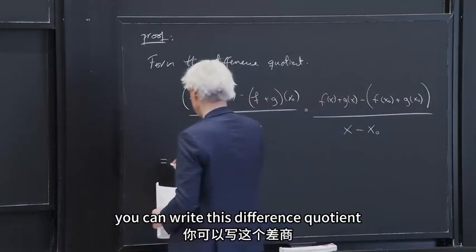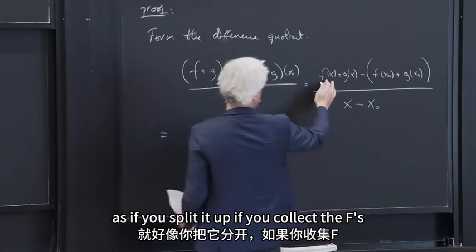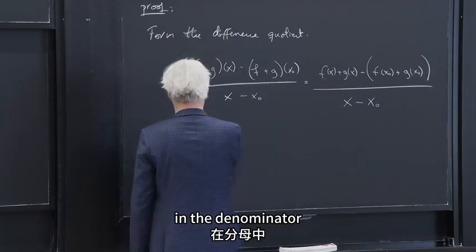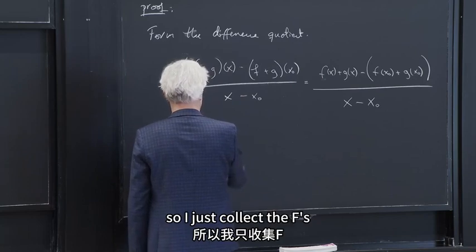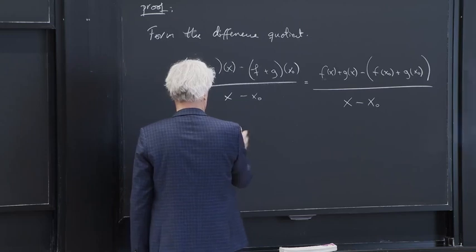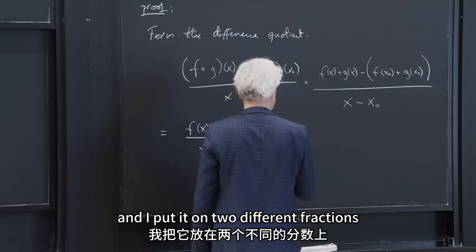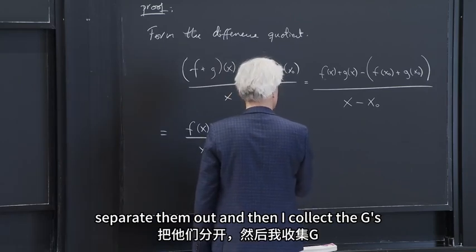You can write this difference quotient by collecting the f's, and then afterwards I put it on two different fractions, separate them out, and then I collect the g's.